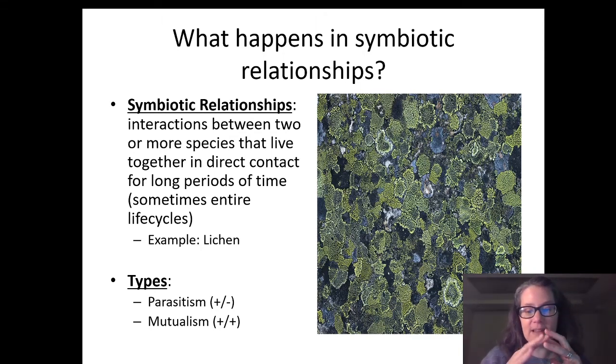So this can be a close association where one organism benefits and gains something and the other loses something in that transaction. Mutualism, like our lichen, is a plus-plus, where both organisms are benefiting from a particular association. These associations we see in all kinds of communities. We see very complicated interactions, and these long-term close associations are quite common within groups of living things.